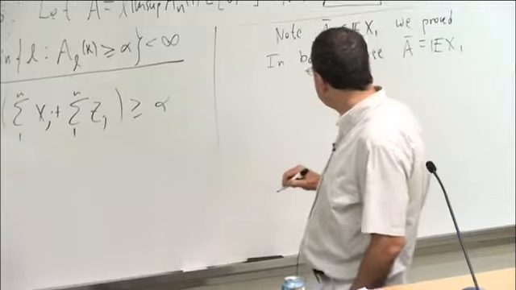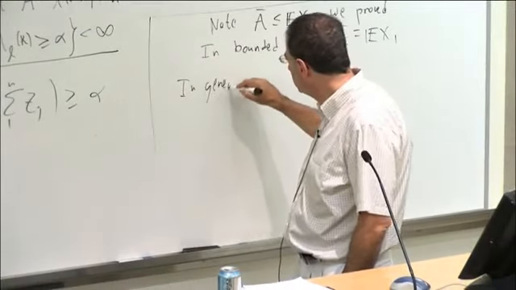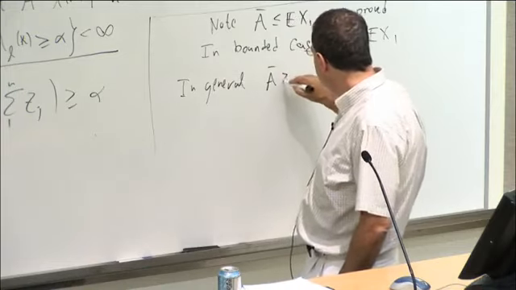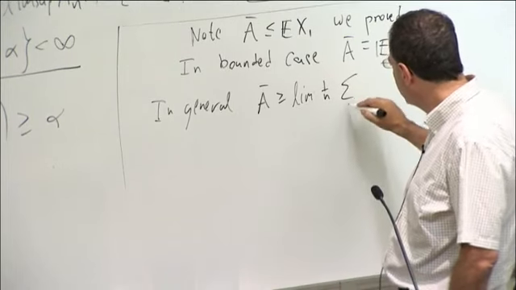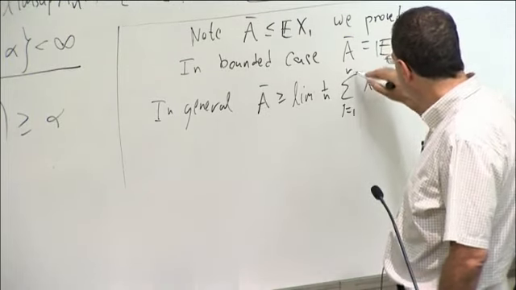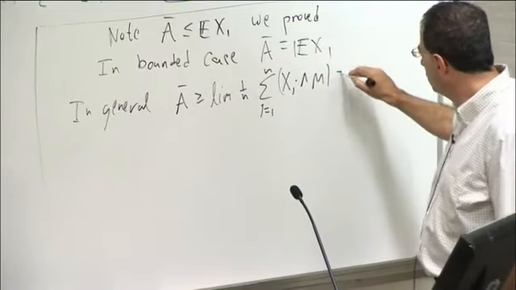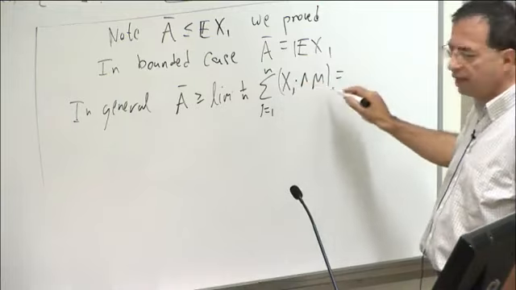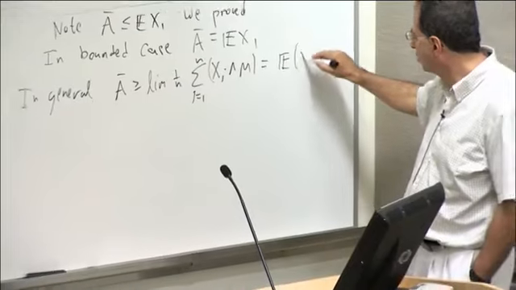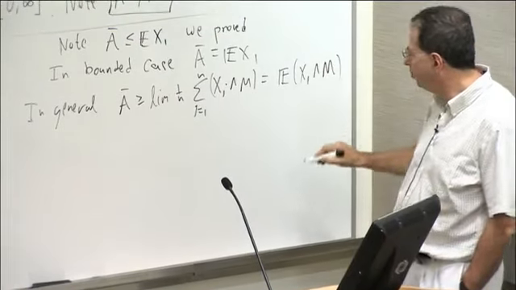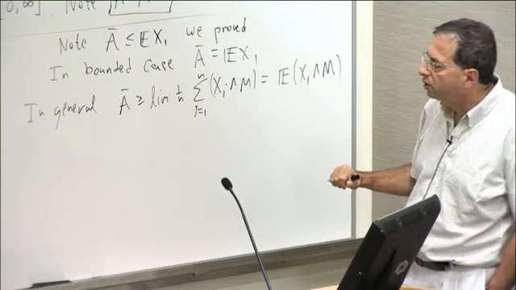And so in general, A bar is bigger than the limit of 1 over n sum j from 1 to n of the minimum of xj with m, which is now a bounded process. So this gives us the expectation of x1 minimum m. So A bar is bigger.